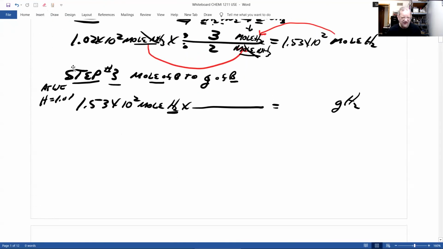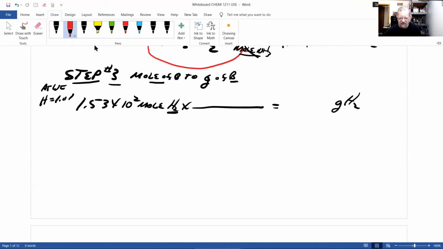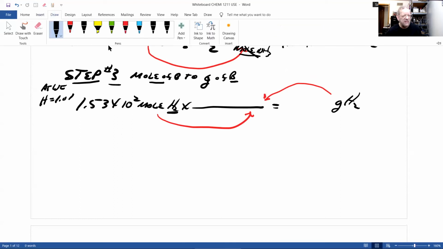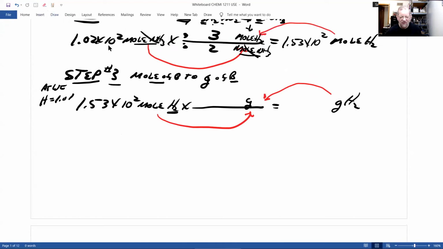So in step 3, it's time to use your good buddy, your good friend, unit analysis. Whatever I'm trying to get to goes on top of the ratio. Whatever I'm trying to get rid of goes underneath. Now, I'll write that in. I'll have grams of hydrogen and moles of hydrogen underneath.